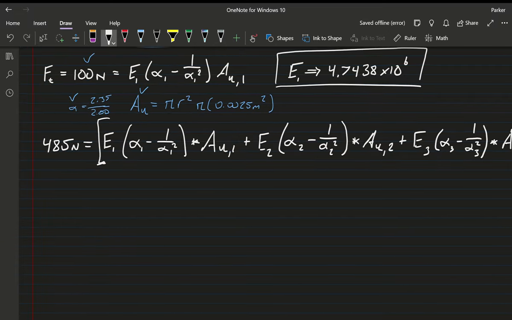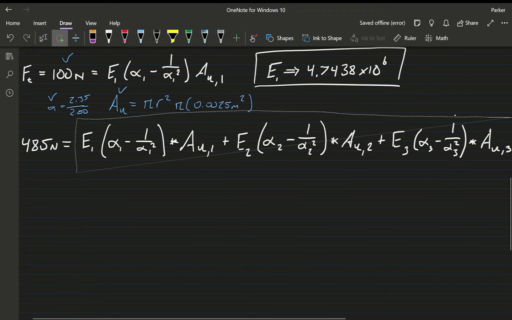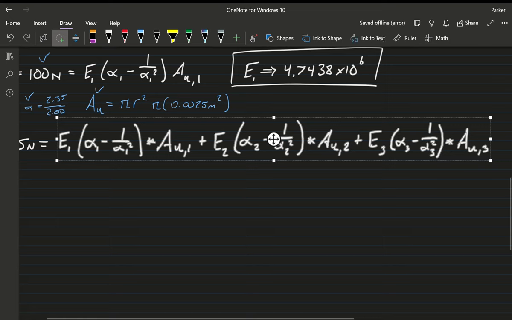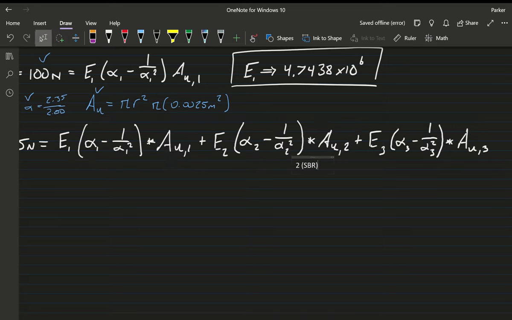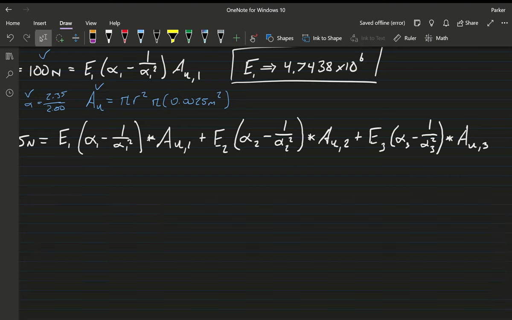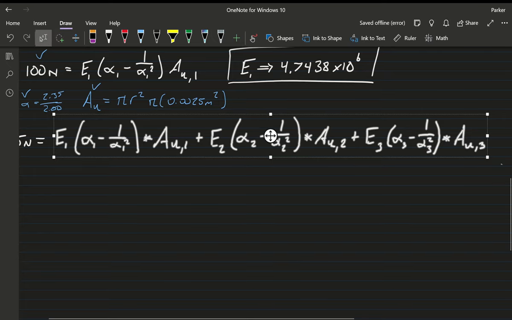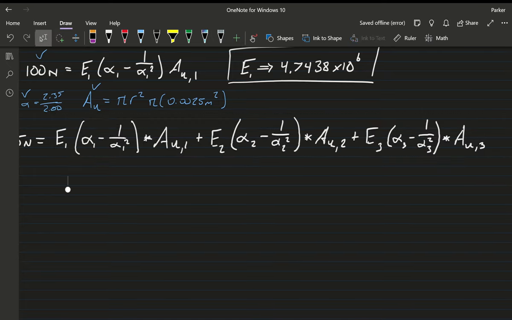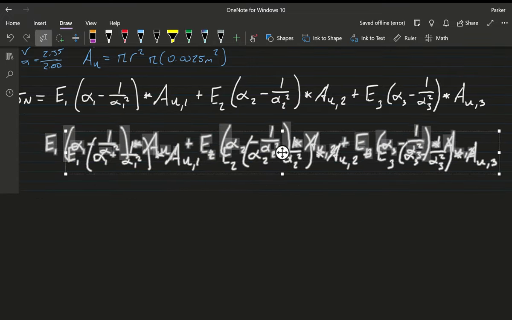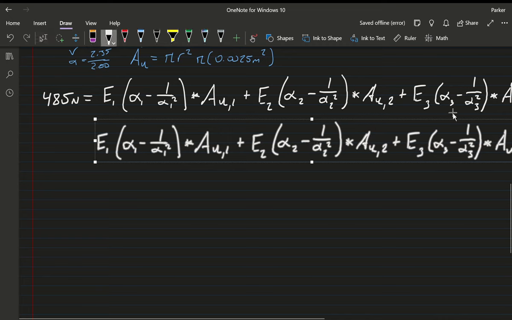And then we use this same equation for 485 newtons. We'll copy that, and paste it for 625.